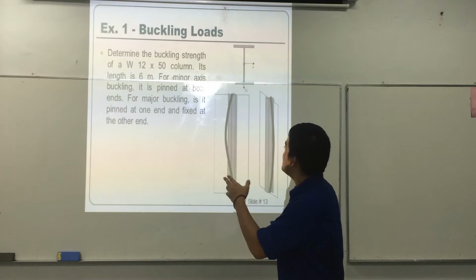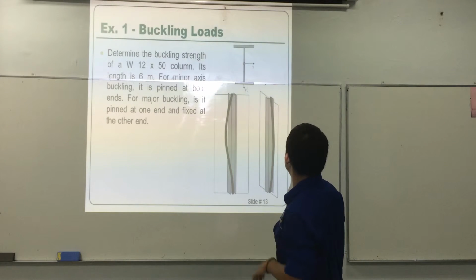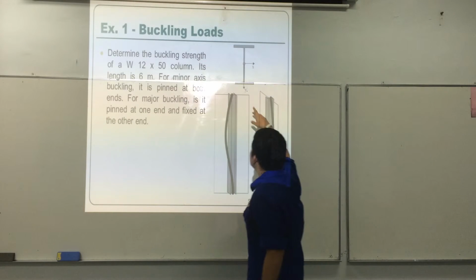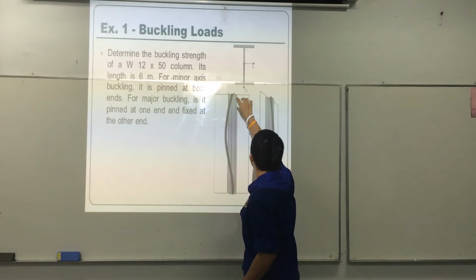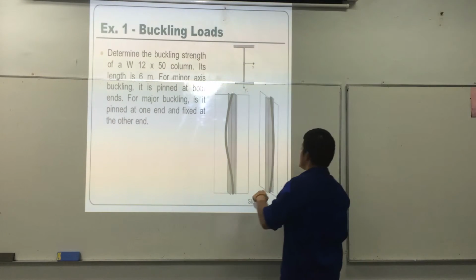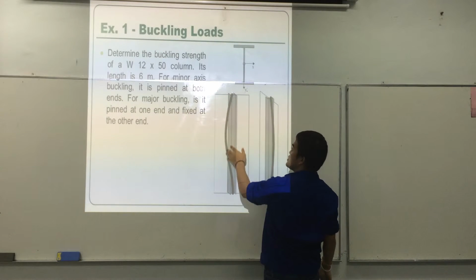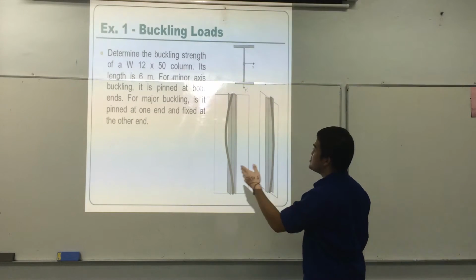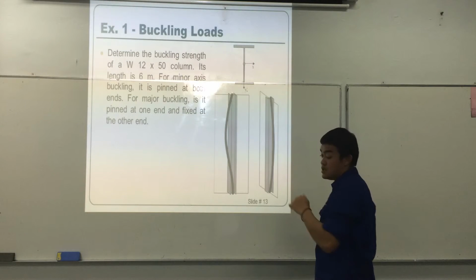What that means is that at that point and that point there will be pins, making it like bending. Then it is pinned at one end and fixed at the other end.